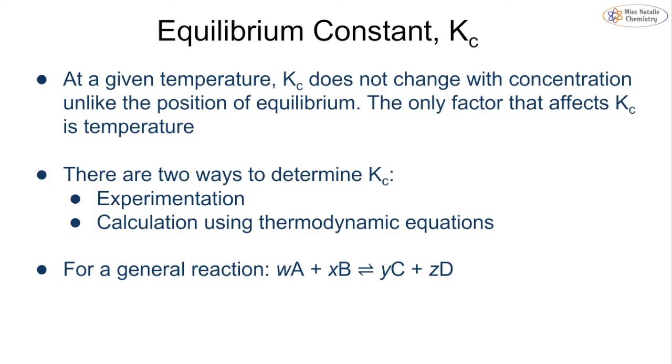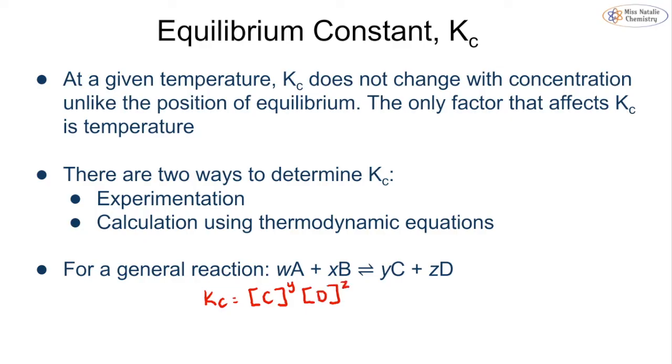We can do it either through experimentation, or we can use calculations using thermodynamic equations. And if we have this general reaction here, we can write out a Kc expression. So it is the concentration of our products to the power of their coefficients.